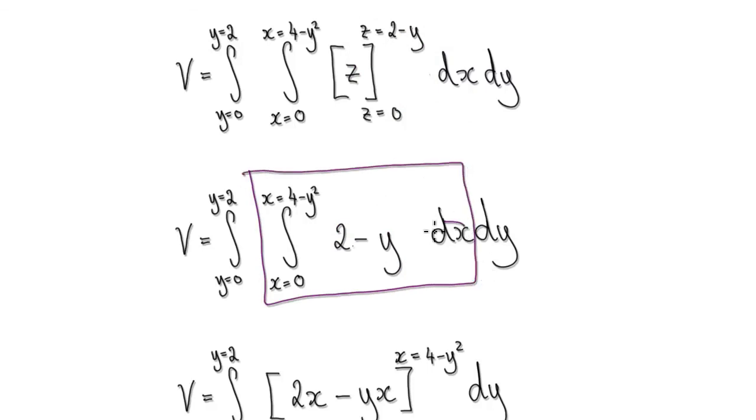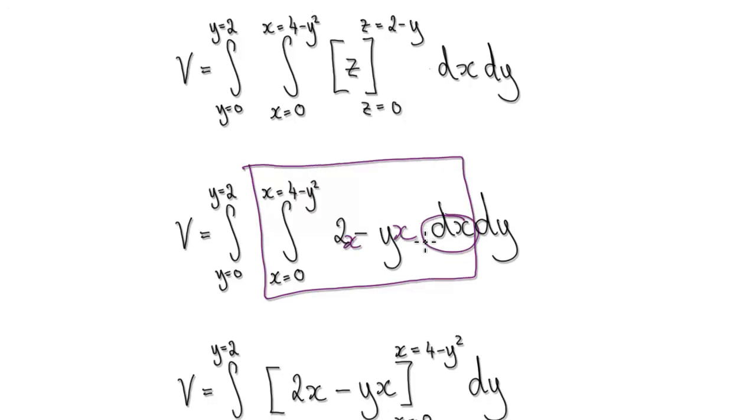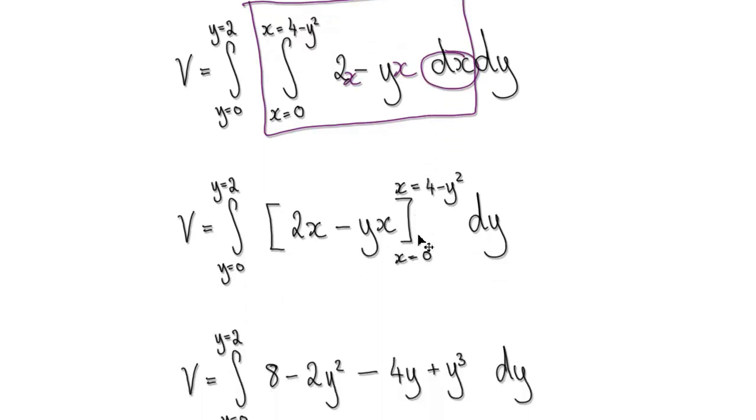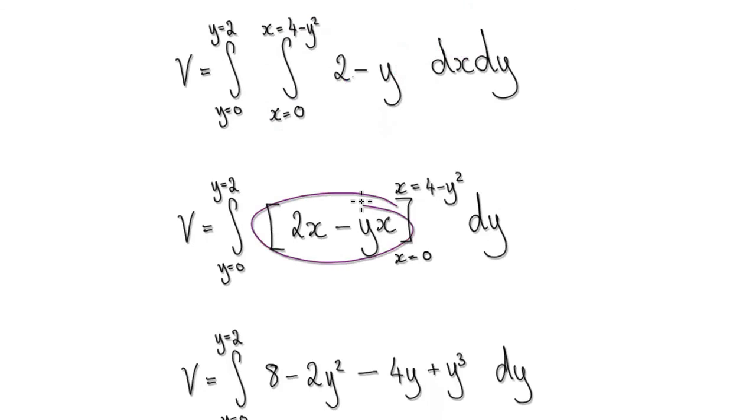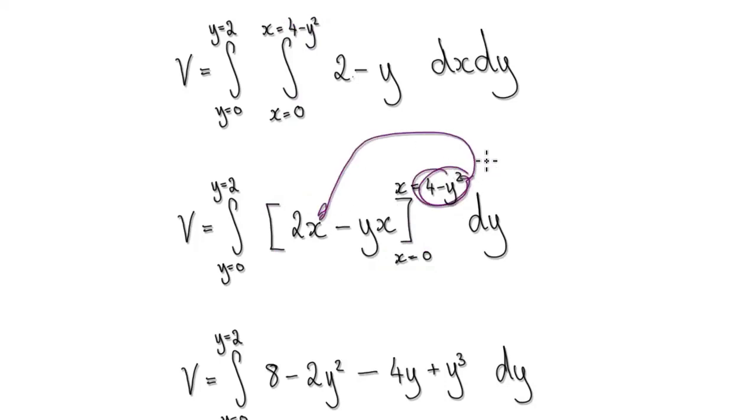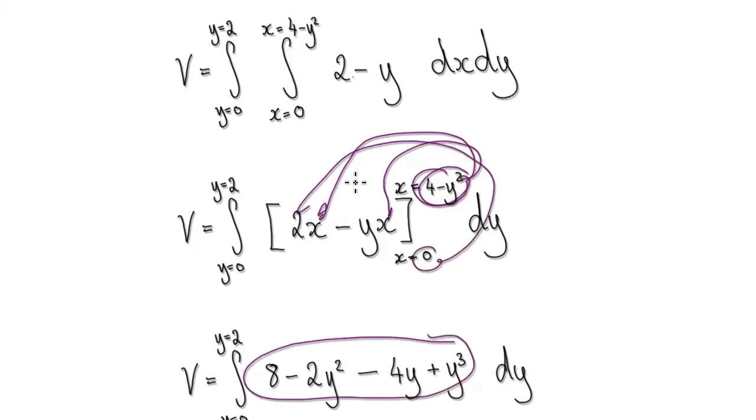Integrate this with respect to x. So that will be 2x. When you integrate it, it will then give you this thing here, from 0 to this. So now put this into the x. That would then give you this whole thing here, and then take away, put 0 into here, it will be 0.